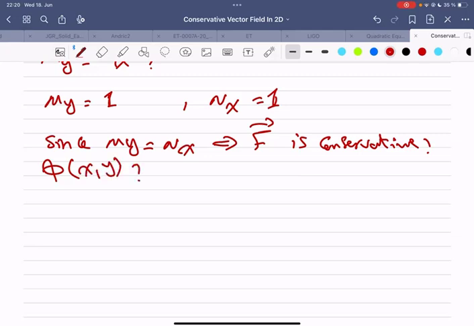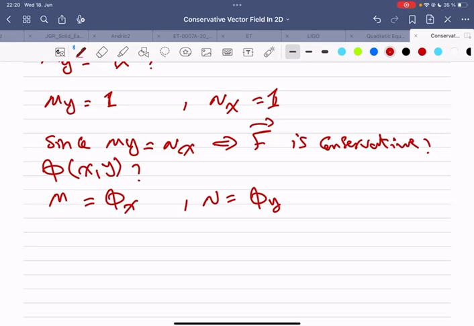I will show you another way to find phi. We see that m is equal to phi x, and n is equal to phi y.